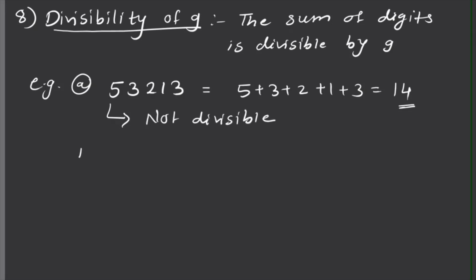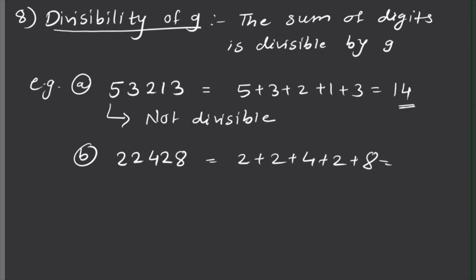Let's have a second example. 22,428. If we add all the digits, we get 18, and 18 is divisible by 9. That's why 22,428 is divisible by 9.